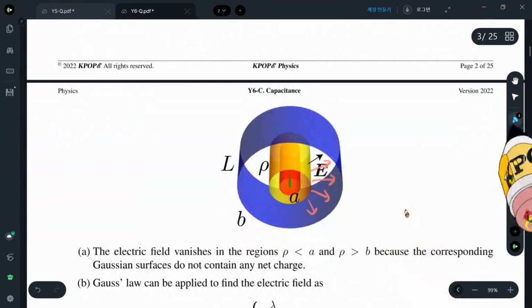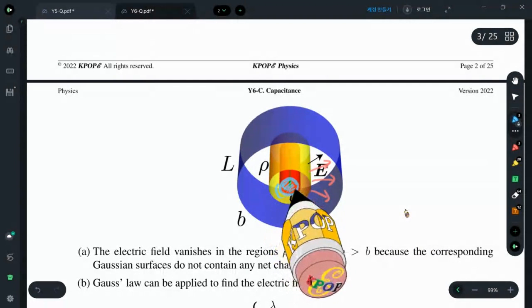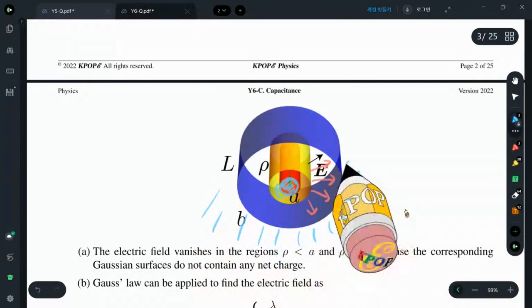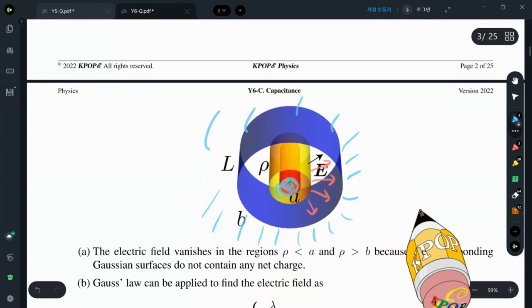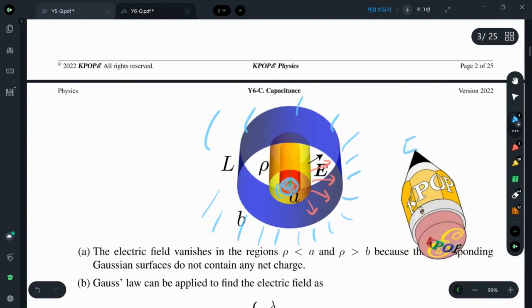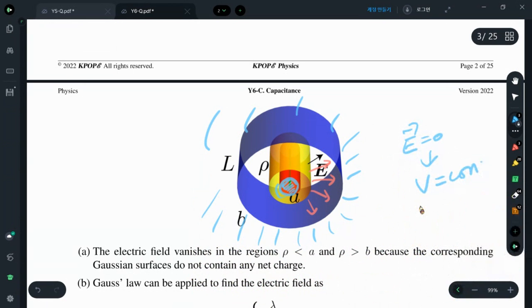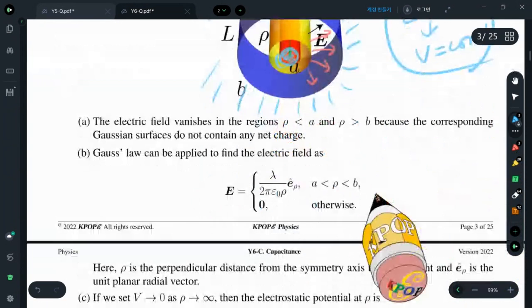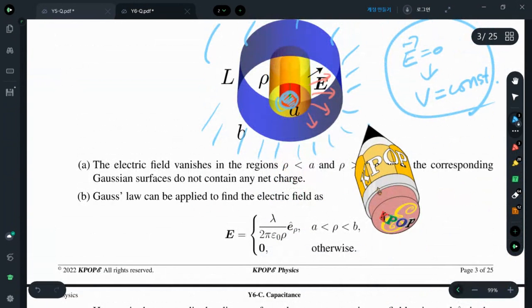However, for radius smaller than the inner radius and greater than the outer radius, the electric field vanishes. E is absolutely zero. And E equals 0 means V equals a constant. Remember, the electric field vanishes in here and outside.